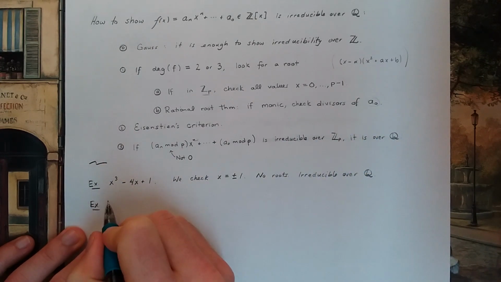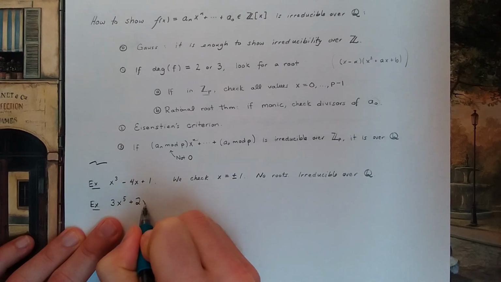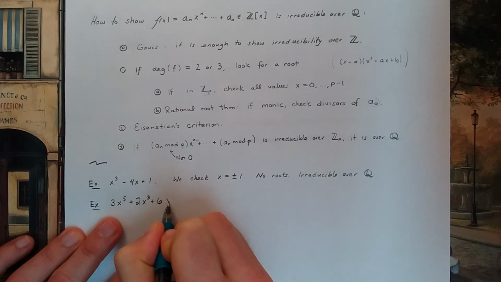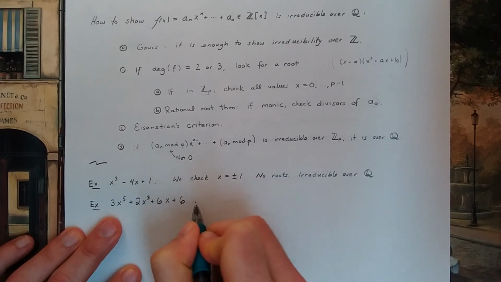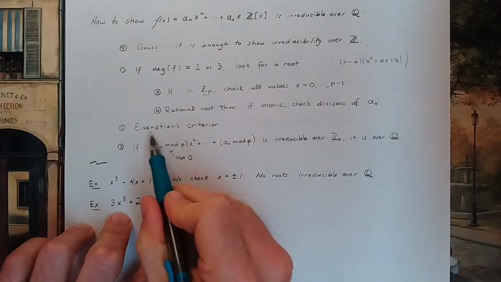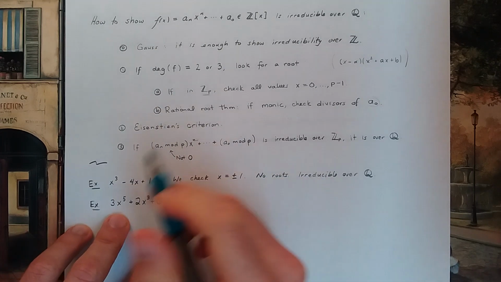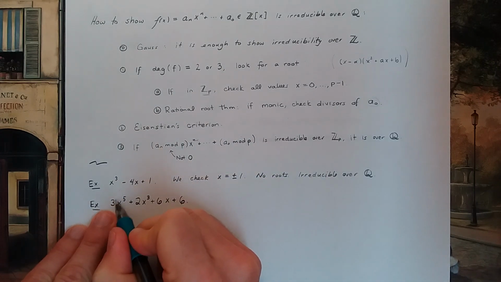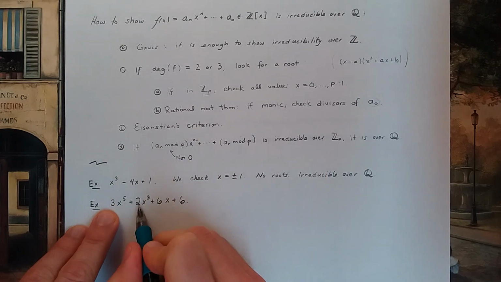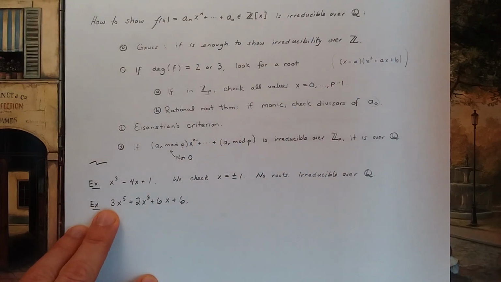Okay, let's do another example. What about 3x to the 5th plus 2x cubed plus 6x plus 6? For this problem, I think I'm going to use Eisenstein's criterion. I get to pick a prime p as long as the leading coefficient isn't divisible by p and the other coefficients are divisible by p, then I'm fine.